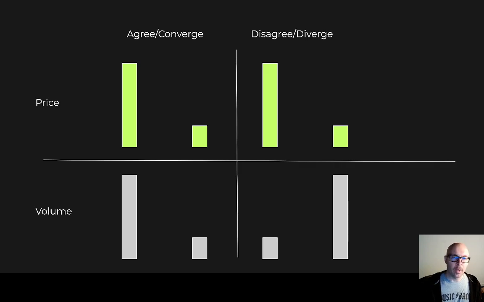That means the price is doing what we expect it to do. And if we have a small candle, we do not expect to see a lot of volume. Over here on the disagree or divergent side, if we see low volume but a big candle, or conversely, a small candle with high volume, that indicates to us that something may be about to get a little interesting.